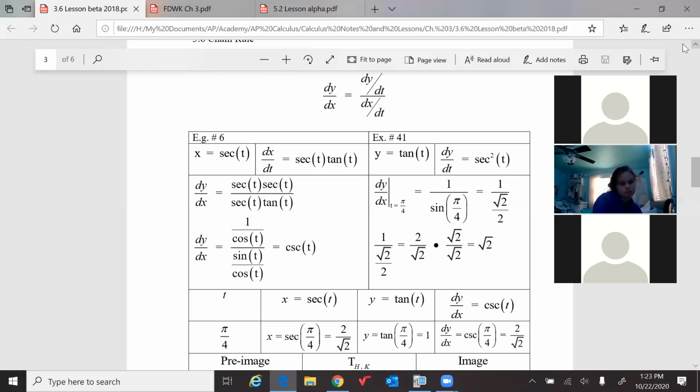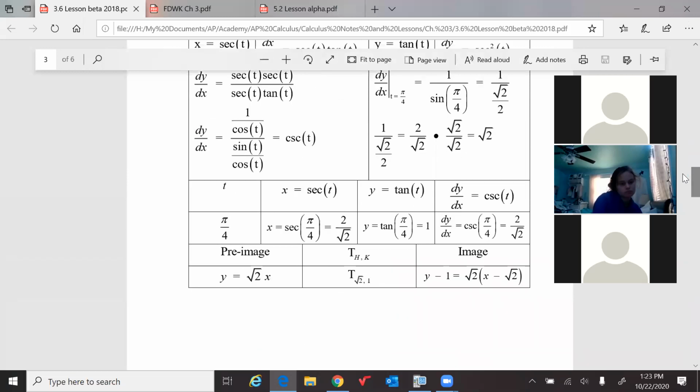Now we're back over here. That's the slope. What's my shift?